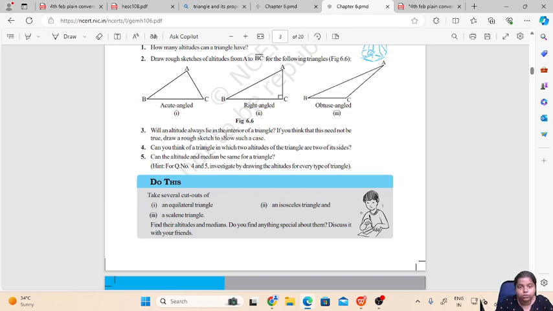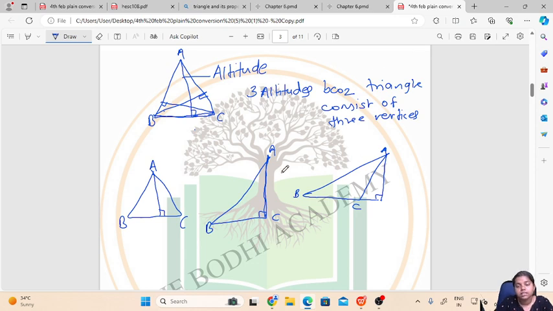Will an altitude always lie in the interior of a triangle? If you think that this need not be true, draw a rough sketch to show such a case. Just now we have seen, in the case of this acute angle triangle it lies in the interior of the triangle, here on the side of the triangle, and here it is outside the triangle, right?